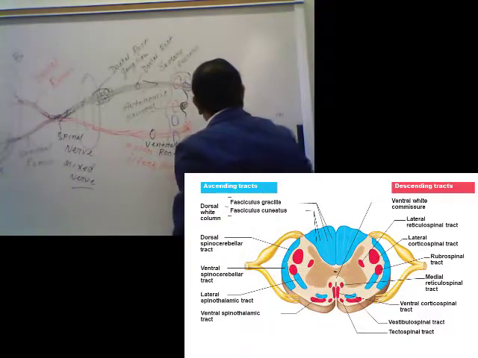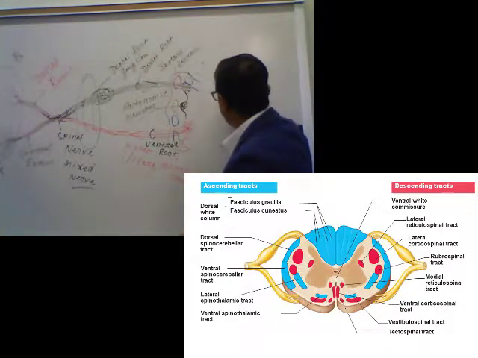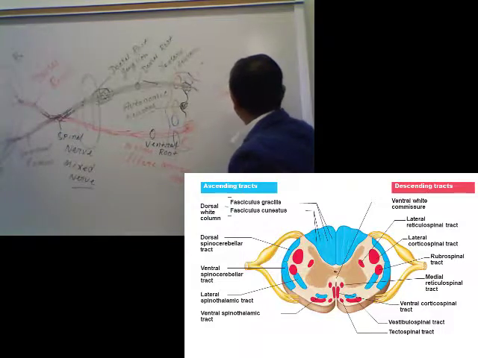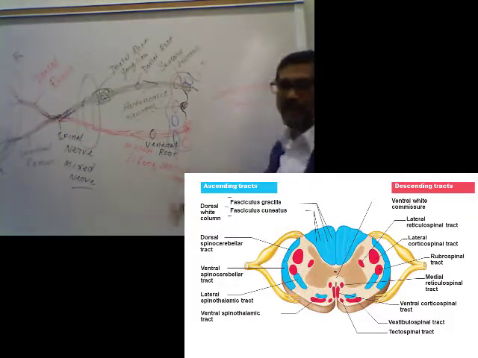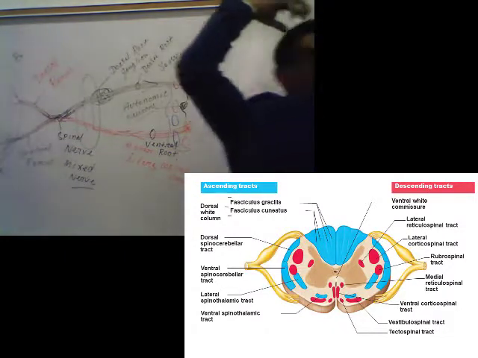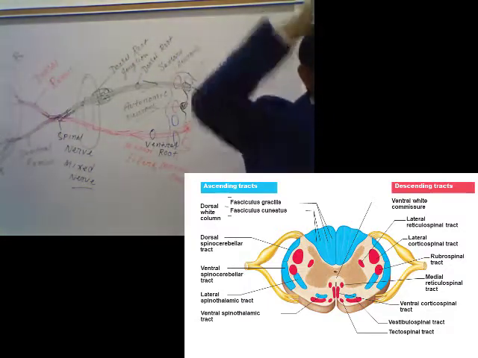Now if you see the important motor tracts, the red ones, the most important motor tract is the corticospinal tract, from the cortex to the spinal cord, cerebral cortex, you must remember.